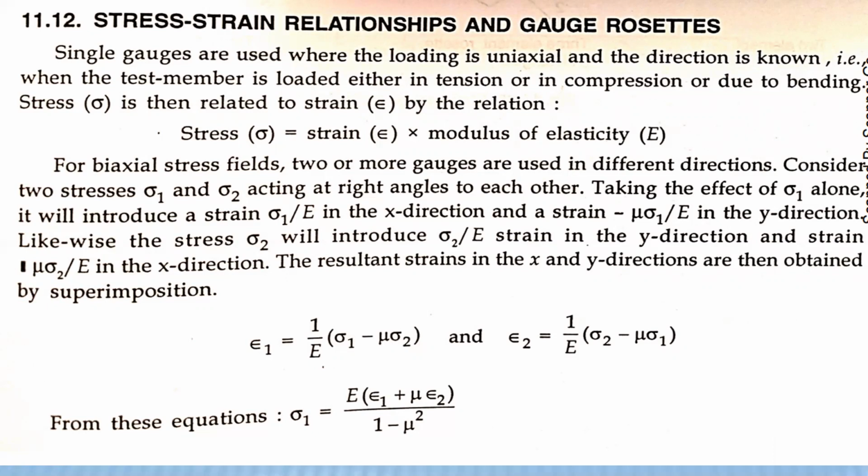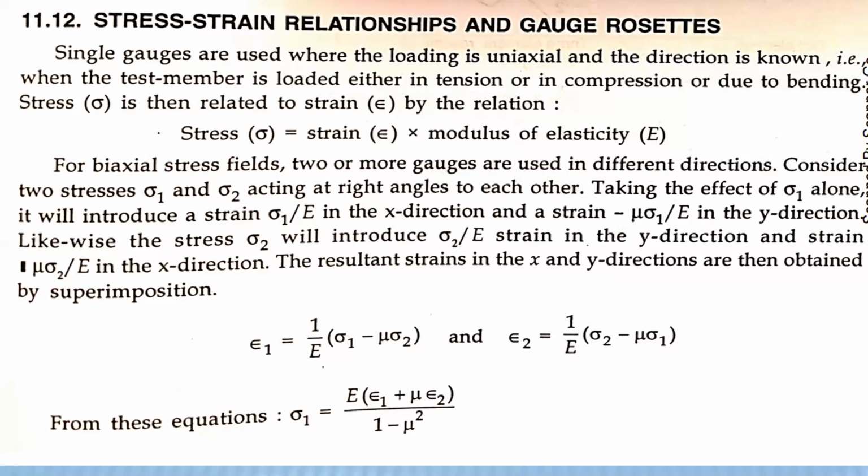Single gauges are used where the loading is uniaxial and the direction is known. When the test member is loaded either in tension or compression or due to bending stress, it is related to strain.